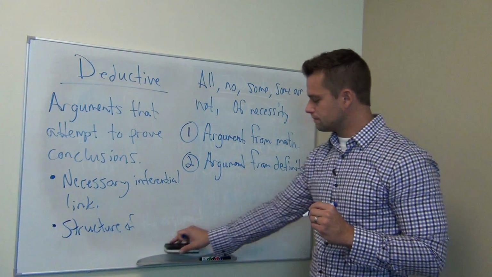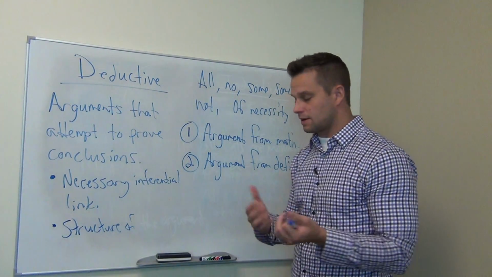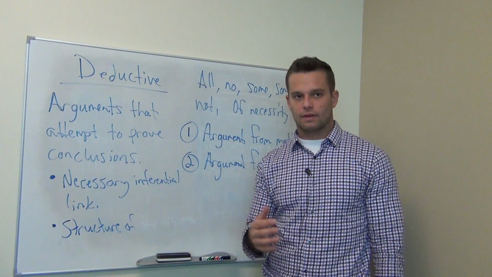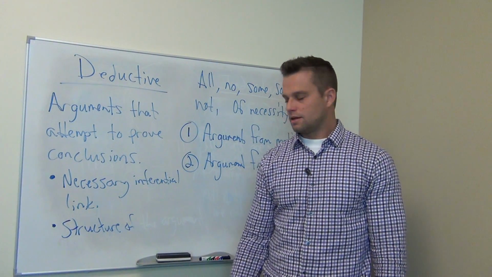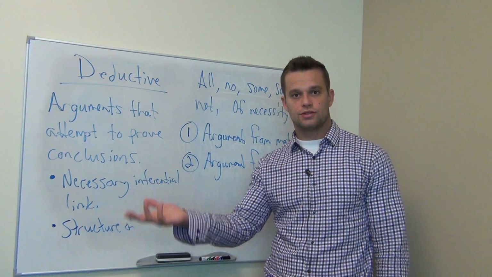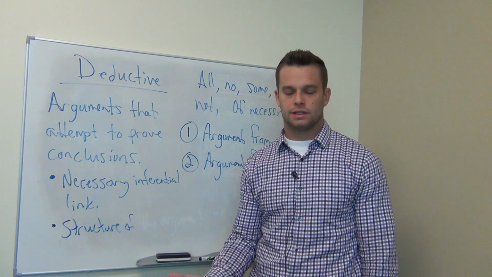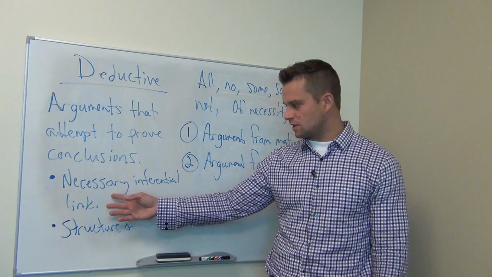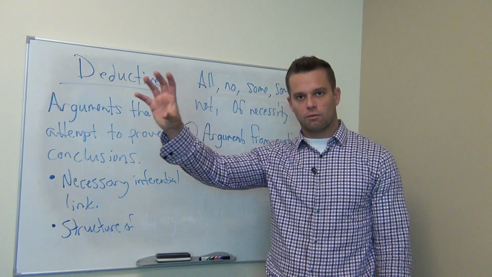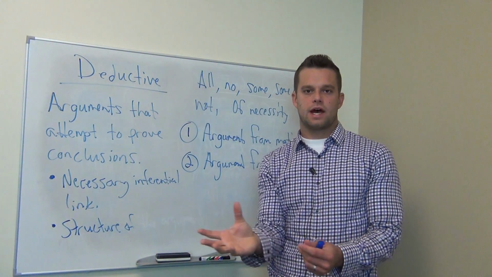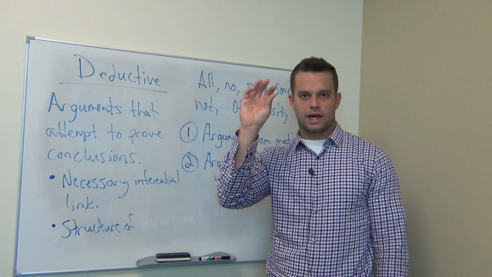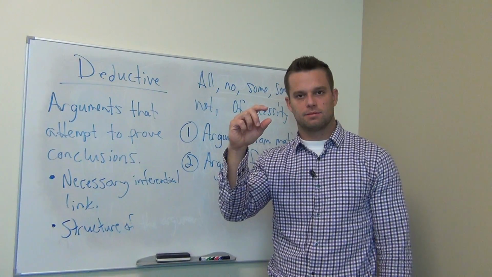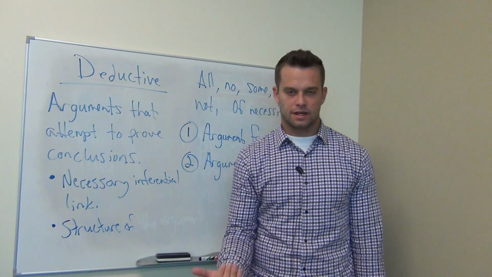An argument from definition is another form of argument that is a deductive argument. And so if I say about myself, Justin is a bachelor, and we use this example all the time, therefore Justin is an unmarried man. Then that would be a deductive argument. It would follow of necessity that if you are one thing, and we replace that concept with the definition that precisely defines that concept, then of necessity you are that thing.